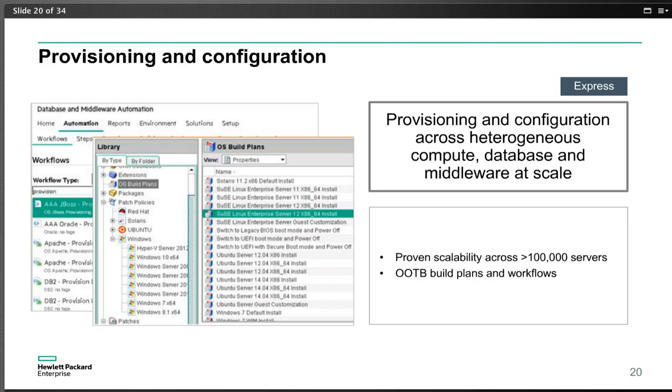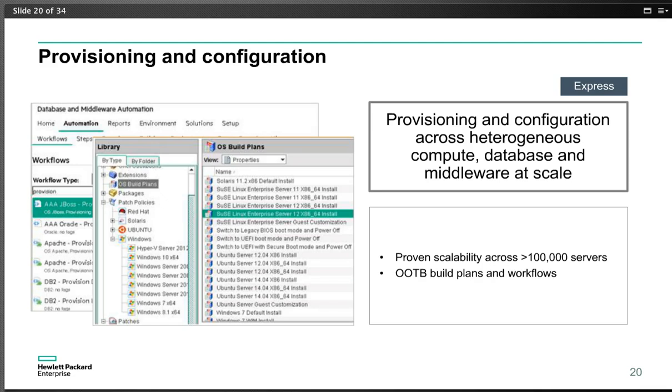The ability to provision is available for compute as well as for databases and middleware. This is rationalizing, from HP's perspective, the capabilities of DCA and making them consistent across all infrastructure elements, across all infrastructure tiers.